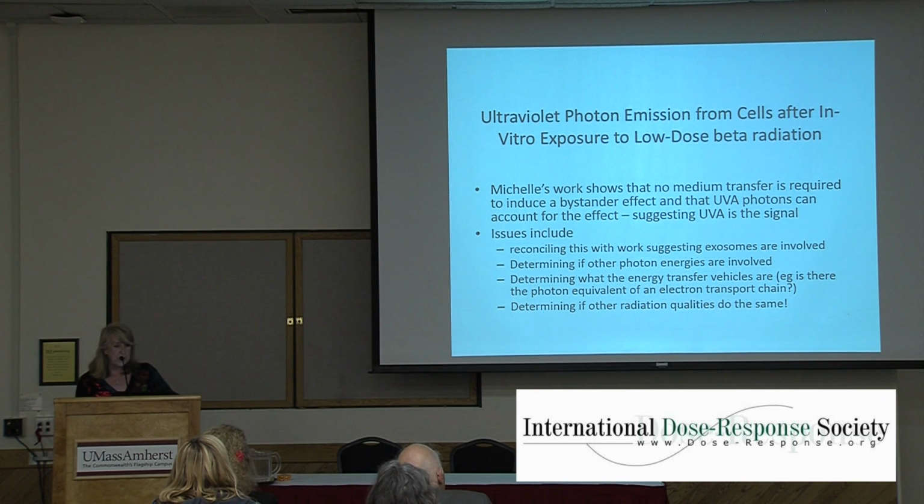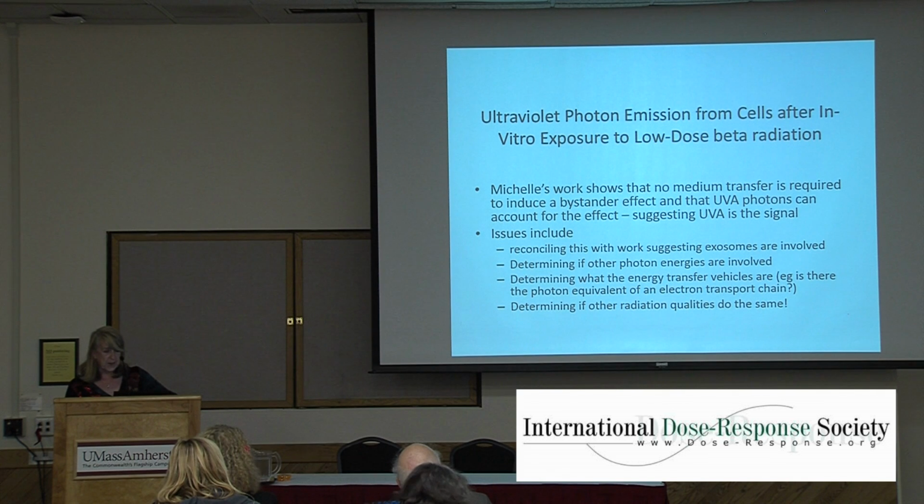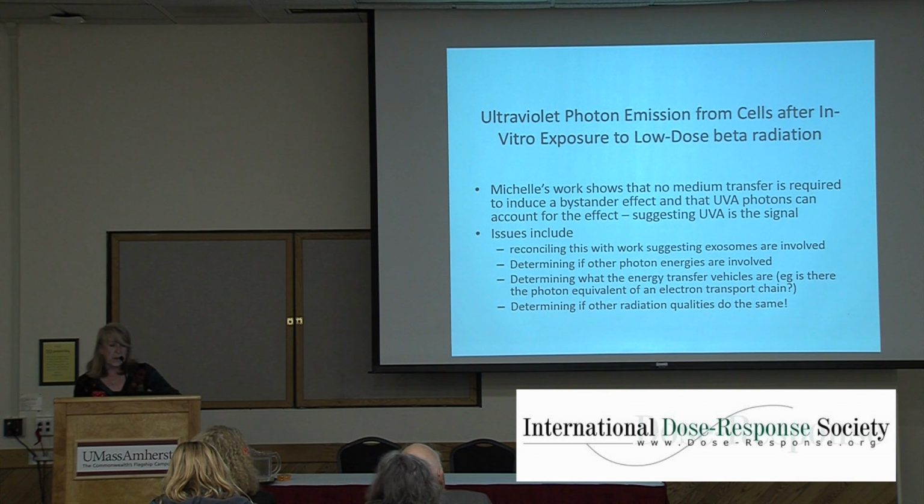So the issues that we have with this are reconciling it with all the work in the literature that suggests it's a chemical, a liquid transmitted chemical signal, determining whether there are other photon energies involved or is it just this UVA, she's collecting UVA photons, determining what the energy transfer vehicles are.